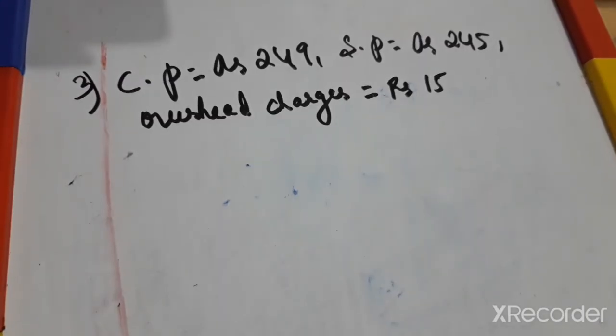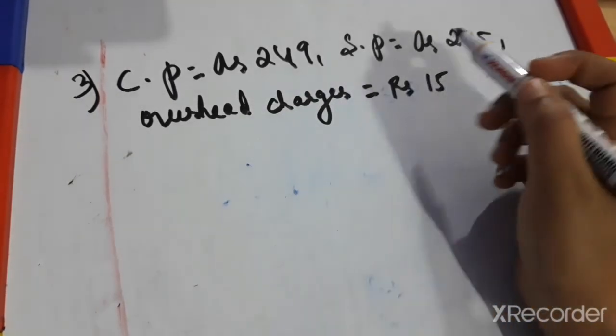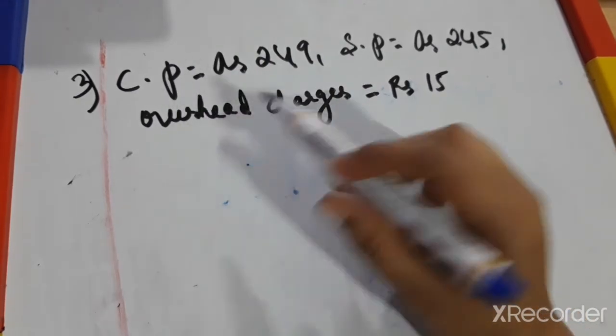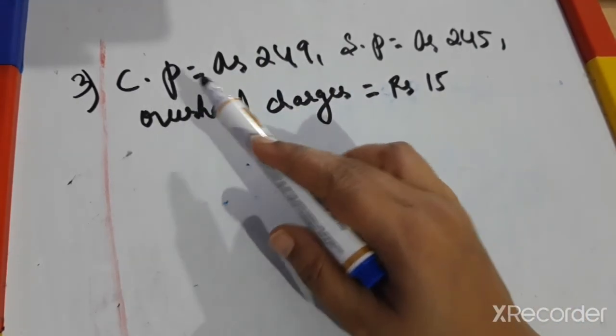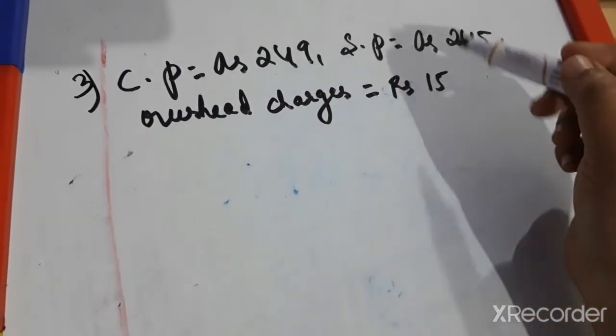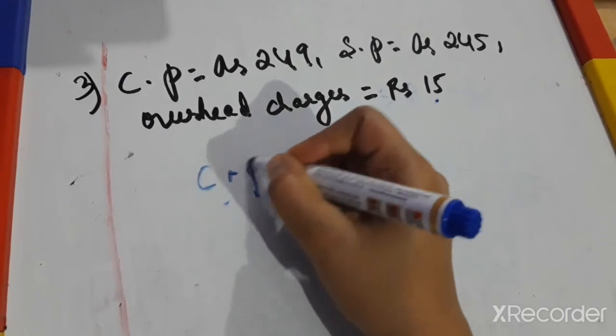So here cost price is rupees 249, selling price is rupees 245 and overhead charges are rupees 15. Overhead charges means operation charges, which occur at the buying time only. So to the cost price 249 we have to add 15. First find the actual cost price.